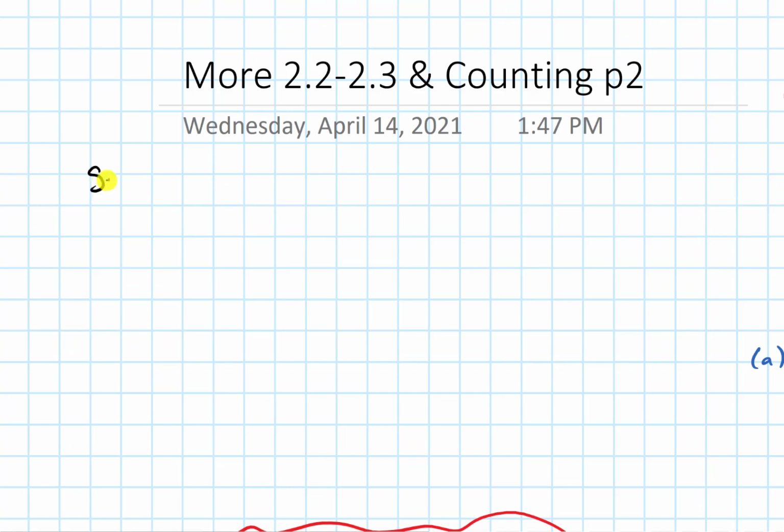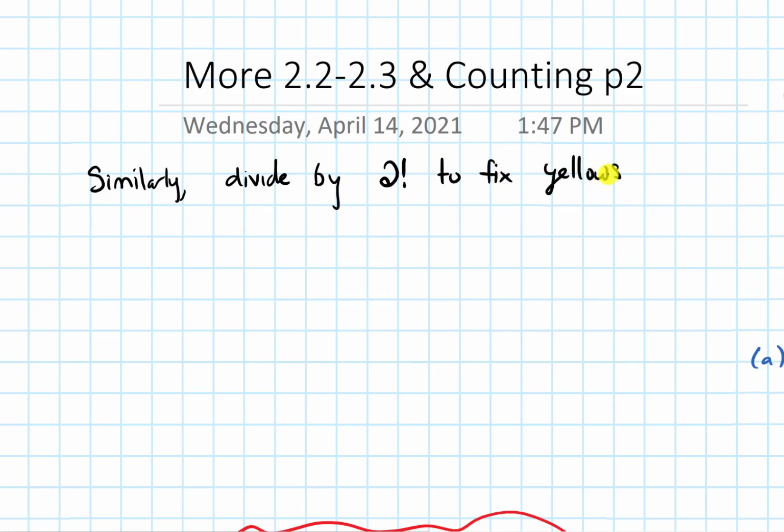So similarly, we will divide by 2 factorial to fix the yellows, because there were 2 yellows, and there's going to be 2 factorial ways to permute them that look identical. By 5 factorial to fix the greens, because there's 5 factorial ways to permute the 5 green marbles we have.